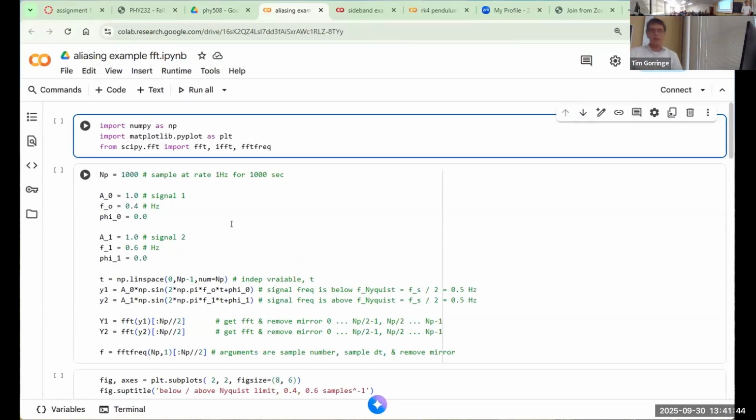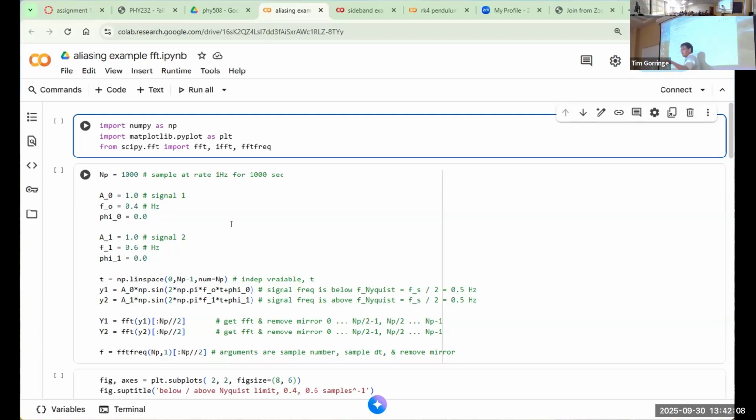Same business here as the last little notebook. I'm going to define some discrete region of time, 1,000 ticks over 1,000 seconds, so 1 tick a second, a 1 hertz sample. I'm going to define 2 frequencies.